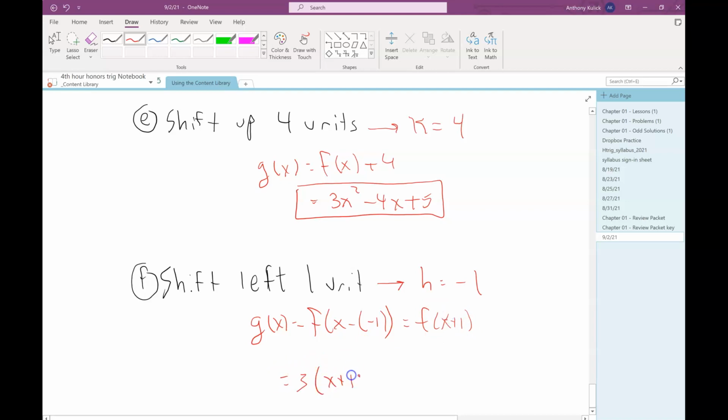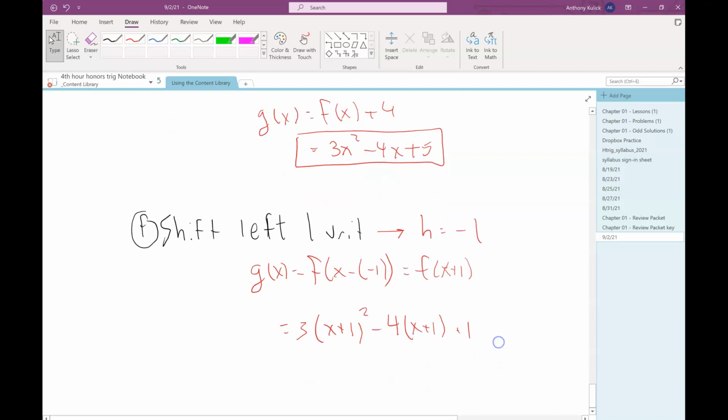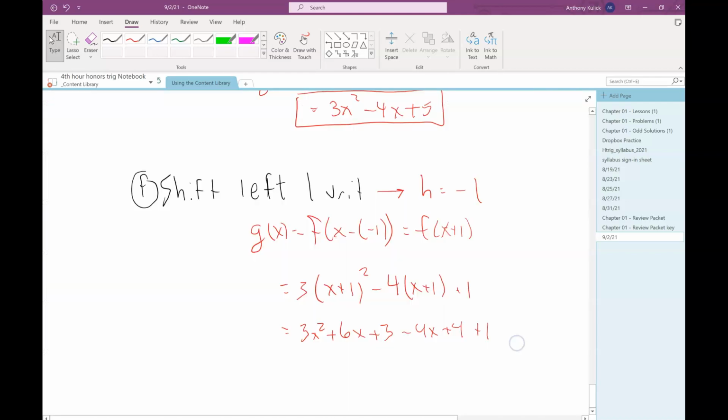So when I plug that into my f of x, I get this. So I'm going to have to FOIL out x plus 1 and then distribute the 3 through. I'm going to do that all in my head. I hope that's okay with you guys. And when I combine like terms, then we get this.